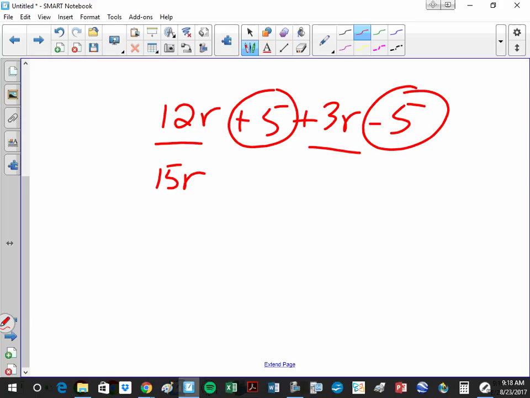What if I had 12r minus 12r? Would it be 0r? Would it just be r? Well, it's certainly not r, because what would r mean? 1r.